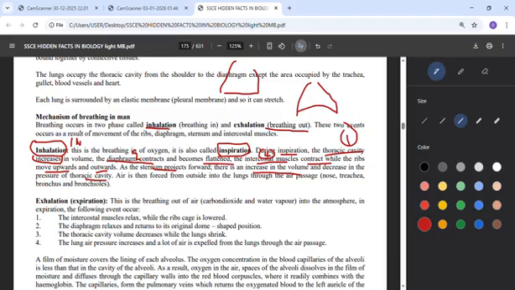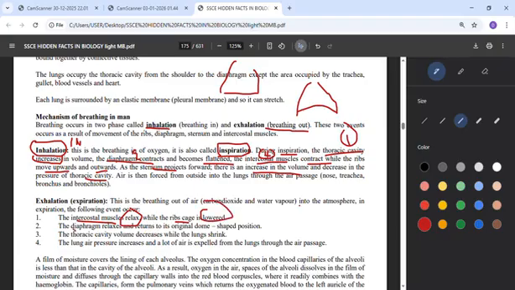Now we move to exhalation, which means we are breathing out. The intercostal muscles will now relax. When you breathe in, several things rise, but when you breathe out, there is a relaxation. The muscle that went up will relax, and the rib cage that was up will be lowered.